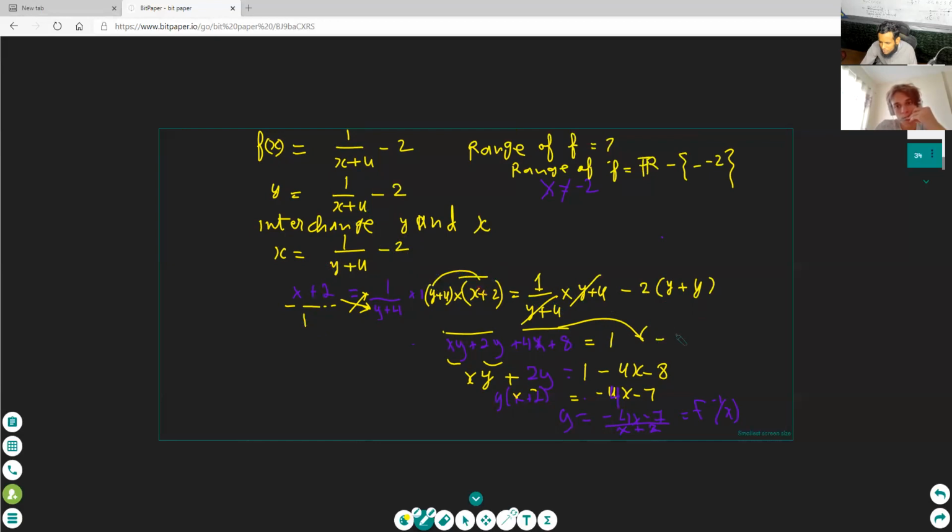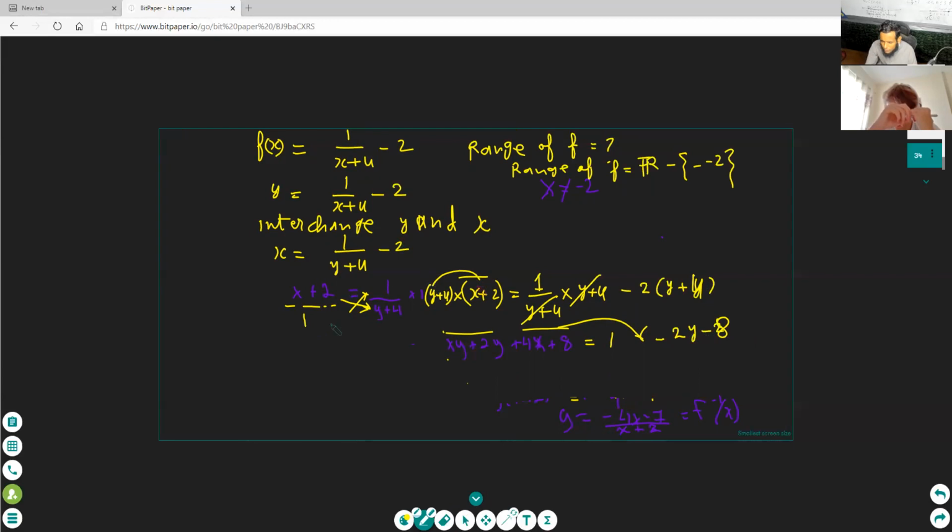Then you should do minus 2y minus, this was y plus 4, 2y minus 8. We made some mistake. Our range is correct, but our function f inverse is wrong, due to this mistake.